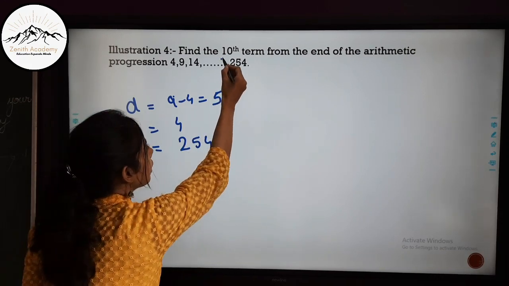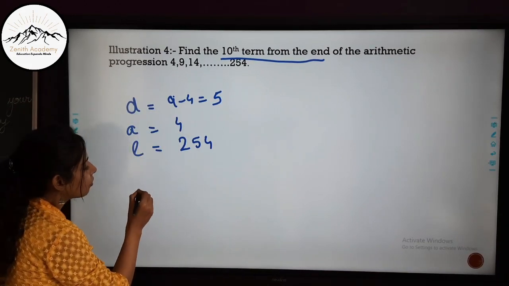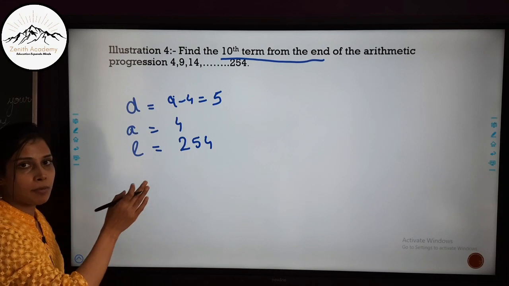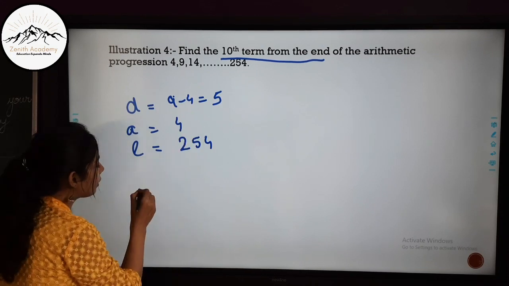Now we need to find the 10th term from the end. So we know L minus D, L minus 2D, like second last term, third last term as well. So what will be the 10th term?